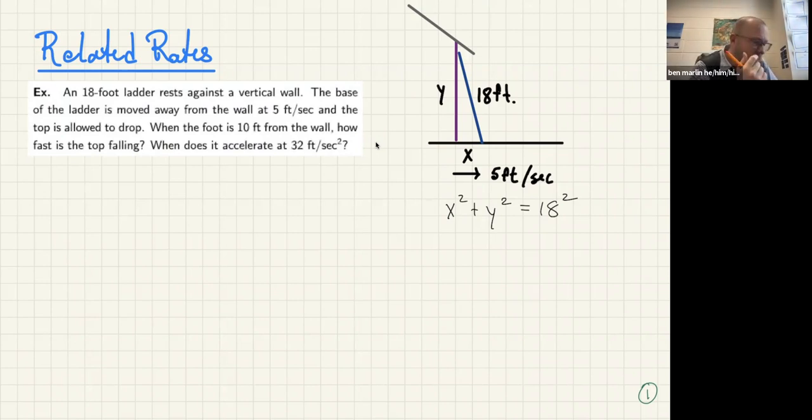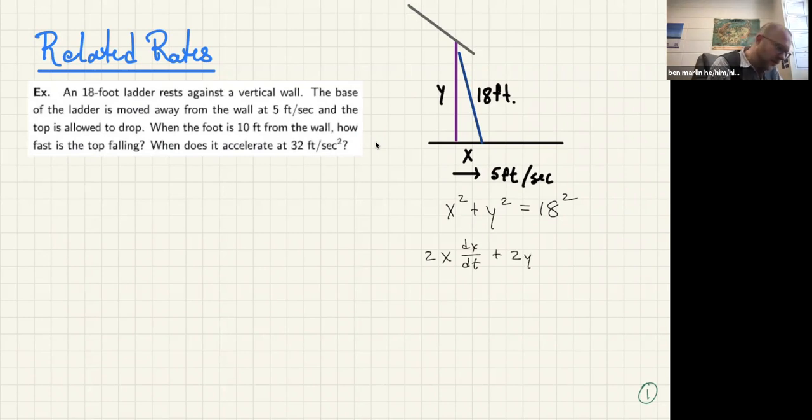So now we're going to differentiate this implicitly with respect to time. So on the left-hand side, you have to think about the derivative of x squared, which of course would be just 2x, but then the x is changing with respect to time.